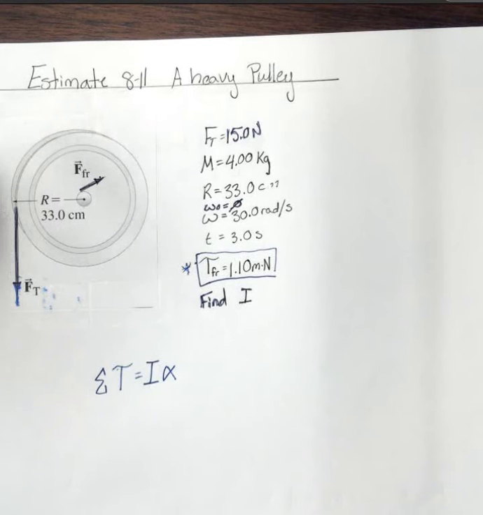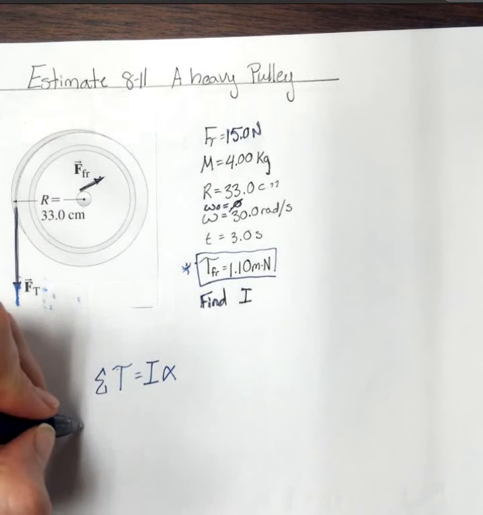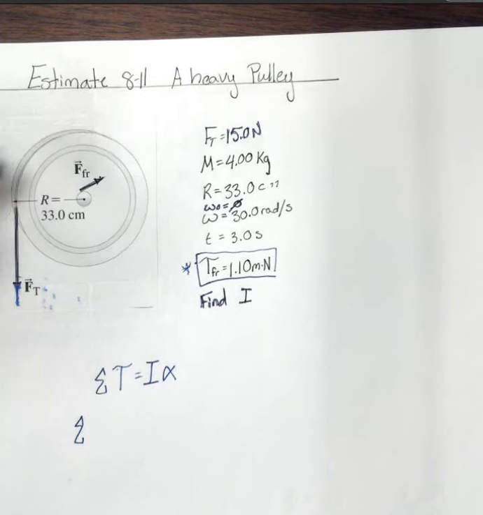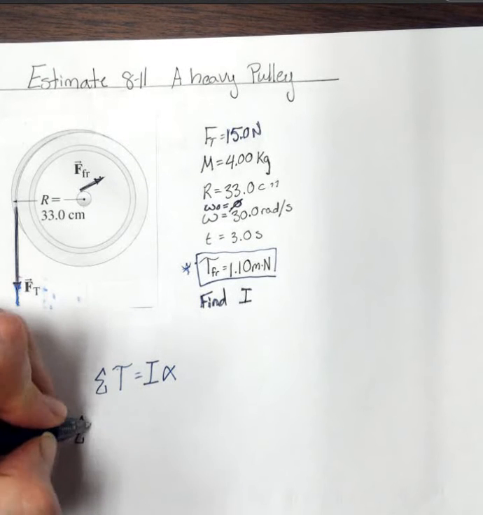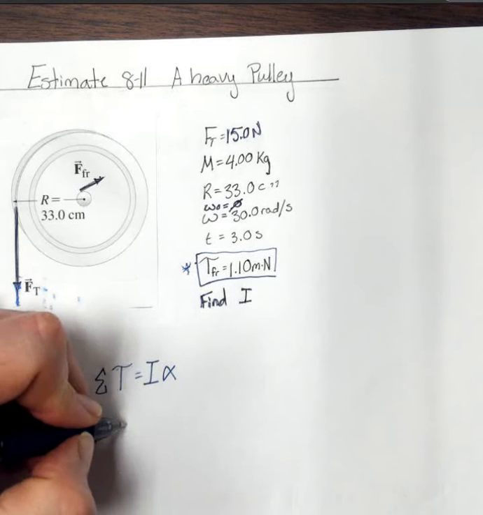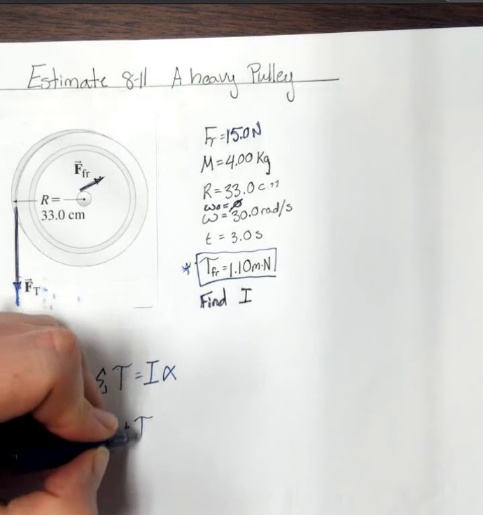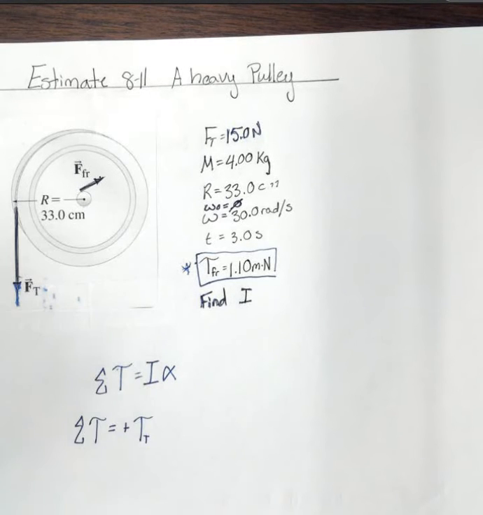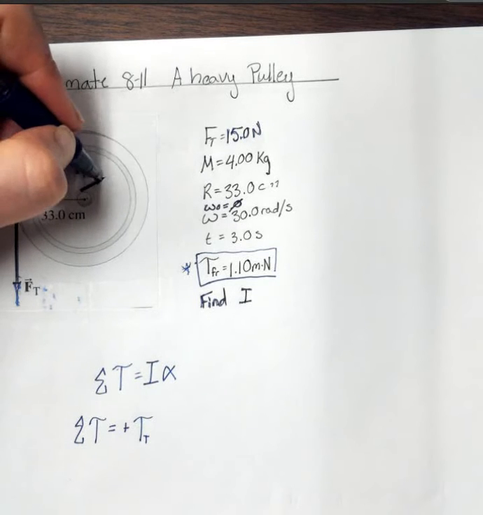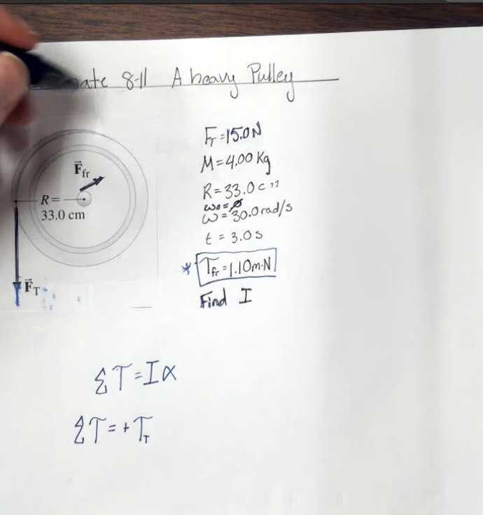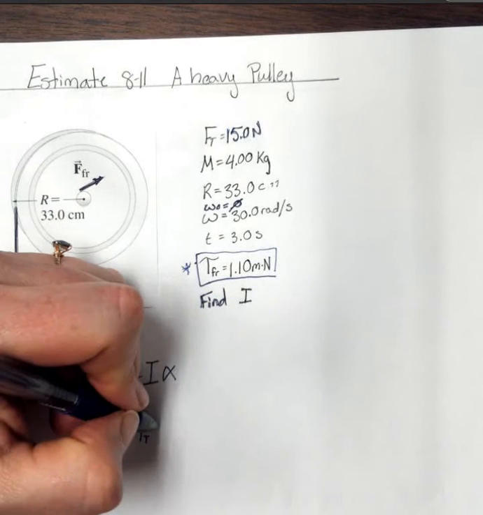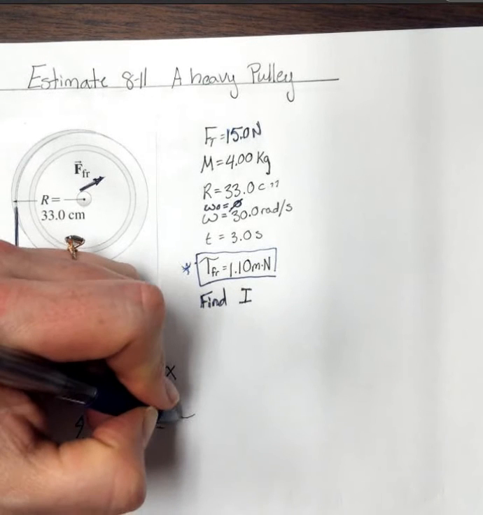So I'm going to need to find the net torque. The force down here is going to cause a counterclockwise rotation, so that's going to be a positive torque from the tension. And the friction is a resistive force, resisting in the clockwise direction, so that's going to be a negative torque from friction.